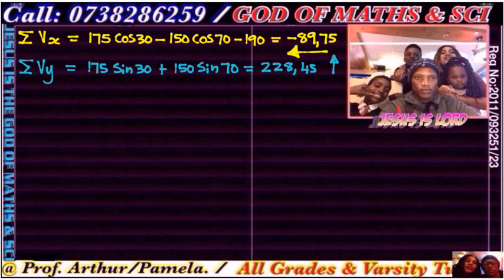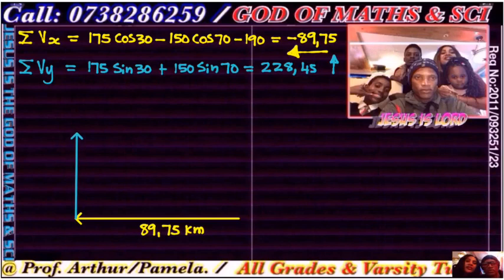Yeah, so now let's represent them. The other one we said yellow is to the left, so I'm going to start with the yellow. So the yellow one goes like that for me, which represents 89. The minus just tells you to the left or to the opposite. And then the other one, it's going upwards, so it's gonna go up, which is going to be 228,45.